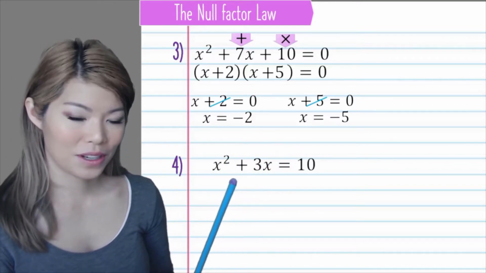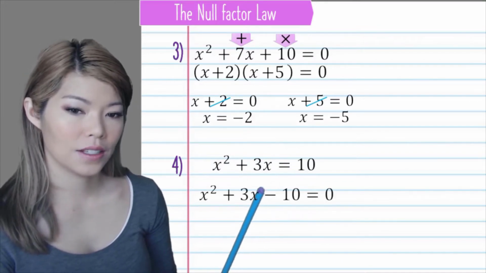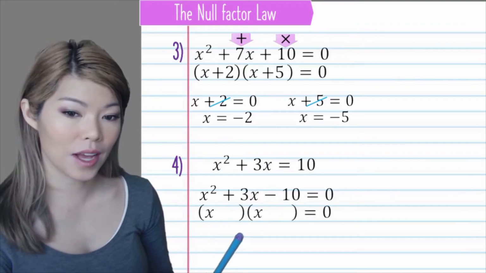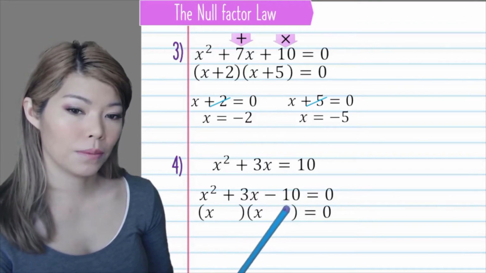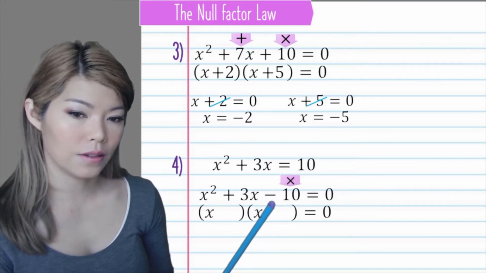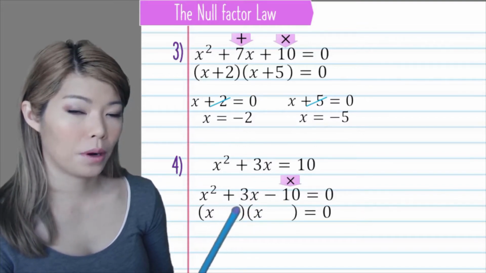Let's try another question. This time we have to move the 10 over to the left. So now we have minus 10. And then we factorize. So what two numbers multiply to give 10 and add to give 3? And do notice the minus over there as well. So 2 times 5 is 10, and we need it to be positive 3.